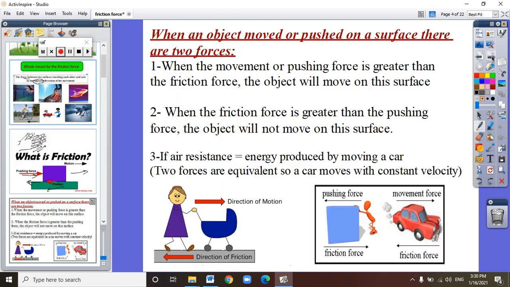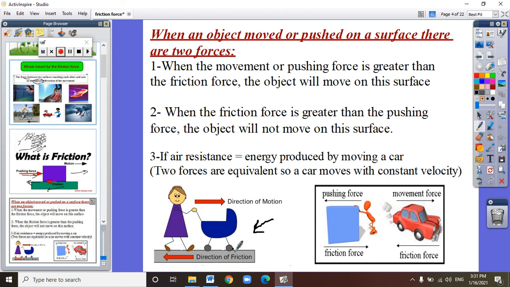We have here some notes we must know. If I want to move something, sometimes I can move this object and sometimes I cannot. In this picture I have two surfaces touching each other. This car is touching the road.